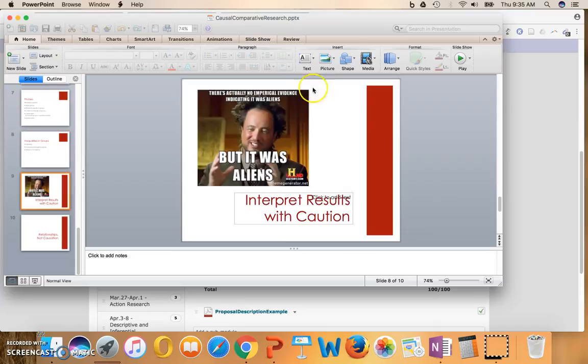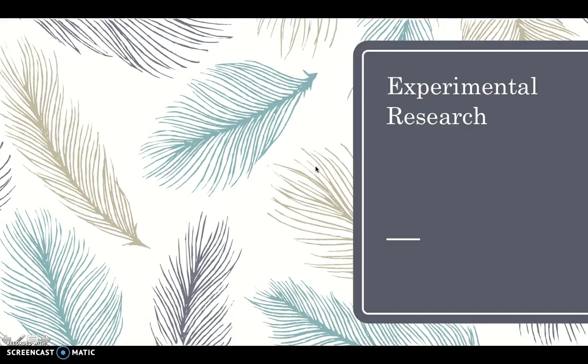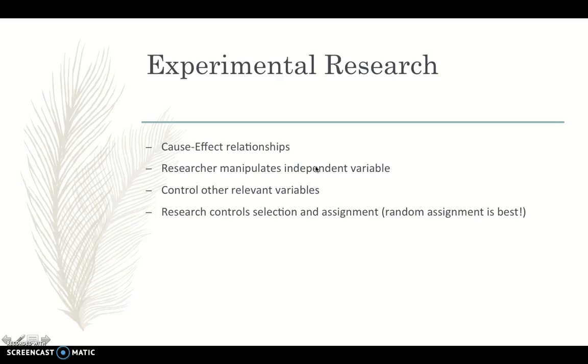Well, you'll be reading a little bit more about causal comparative research as we go along. But with experimental research, it's a little bit different here. In experimental research, you can find cause and effect relationships. It's the strongest way to do so because you, as the researcher, manipulate an independent variable. Meaning you're the one who takes a group of people and randomly selects them to two different conditions maybe, and then you manipulate one experience for one group and leave the experience for the other group different.